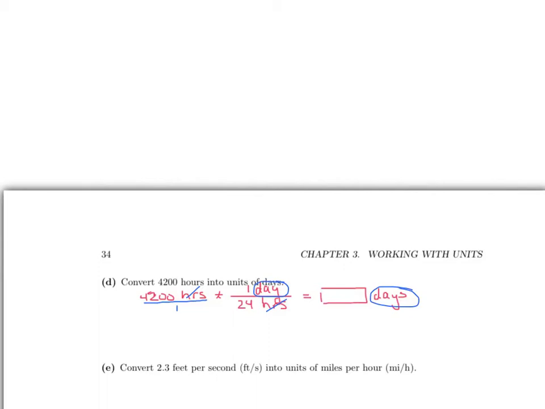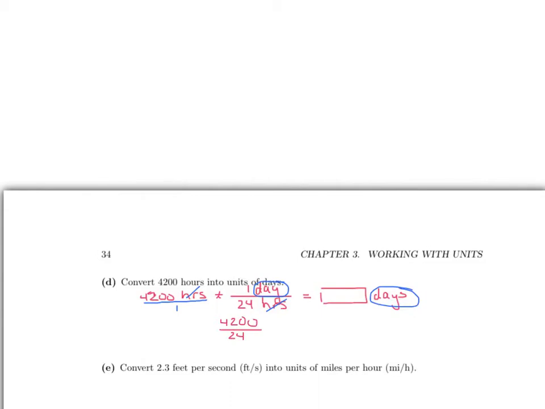So in order to calculate the numerical value that goes here, we have to multiply the 4,200 times 1 and the 24 times 1 and then divide. So in the end we really just need to take 4,200 and divide it by 24.